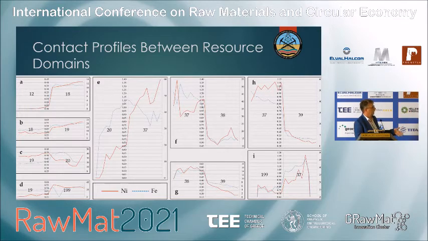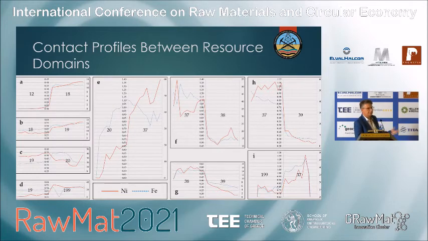We can see with the red lines the nickel grades, the average nickel grade as we move from one domain to another, and the iron grade as well with the dashed blue line. And we can see a kind of different behavior, obviously, for the iron and for the nickel in this case. Whereas in between 37 and 38, they both seem to behave in a similar manner across the boundary. There's a big drop when we go from 37 to 38 in both cases.